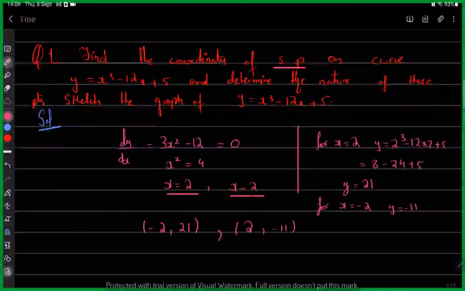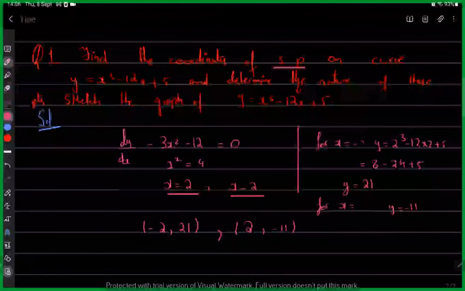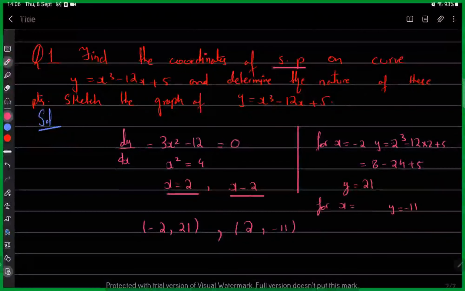Okay, I've just made small mistakes here while writing it down. It's going to be for negative 2, negative 2, negative 8, and this would be positive, and yeah, that's fine. Okay, so these are the two stationary points.